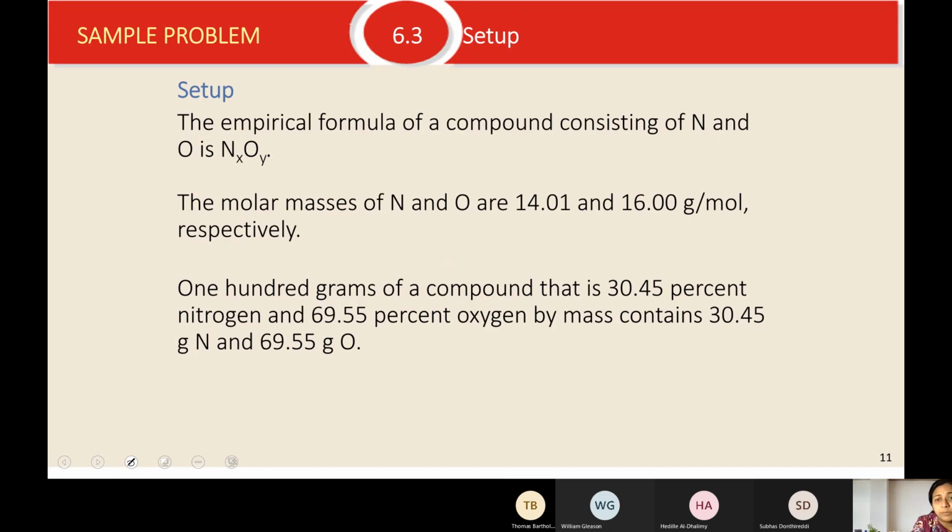So now the compound formula, we'll write it as N subscript X and O subscript Y because this compound has only nitrogen and oxygen.